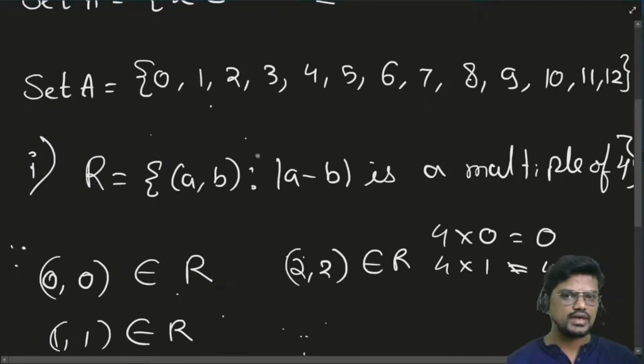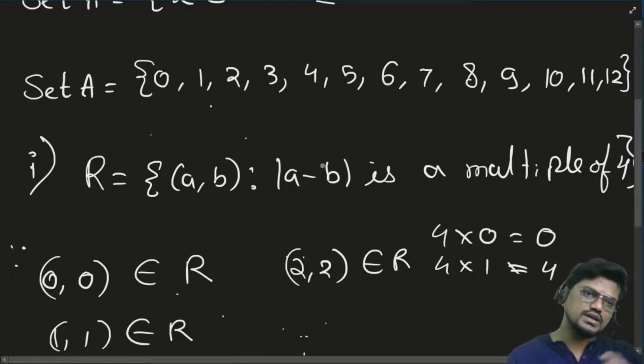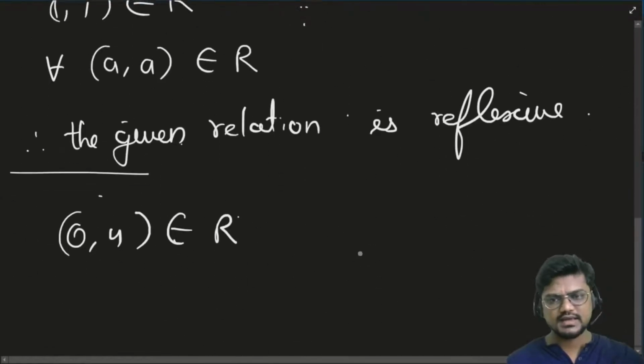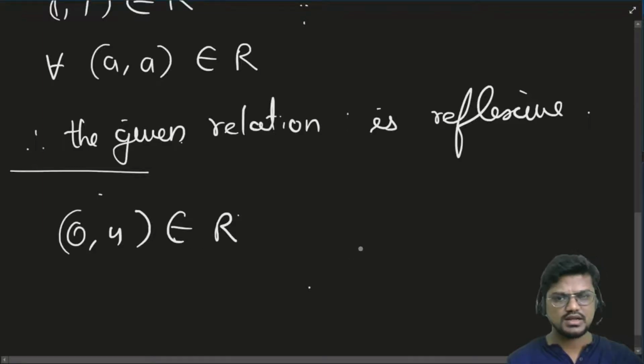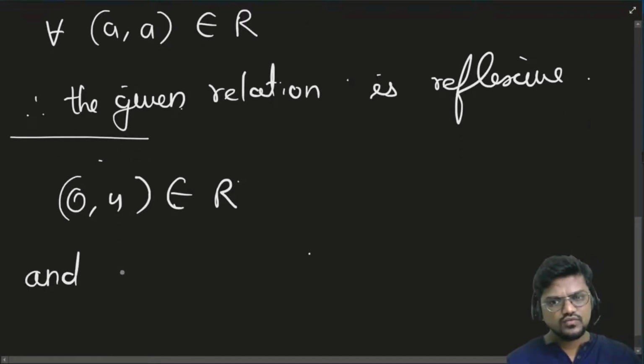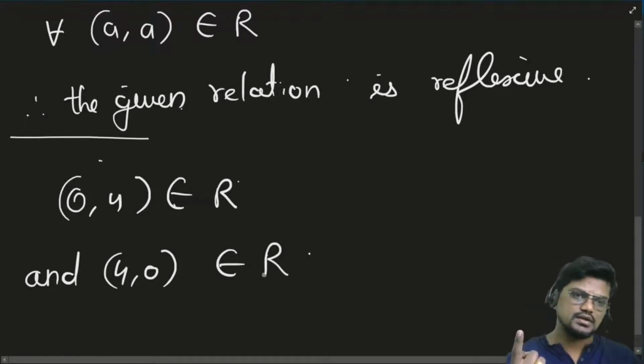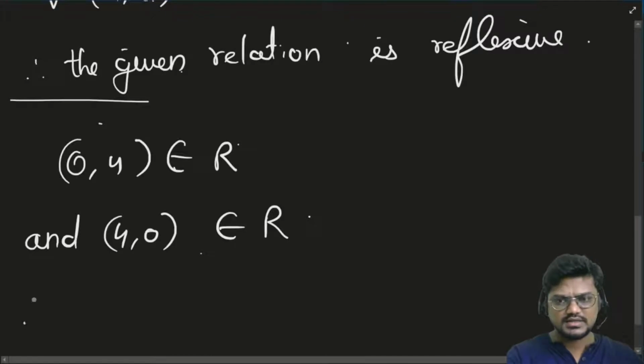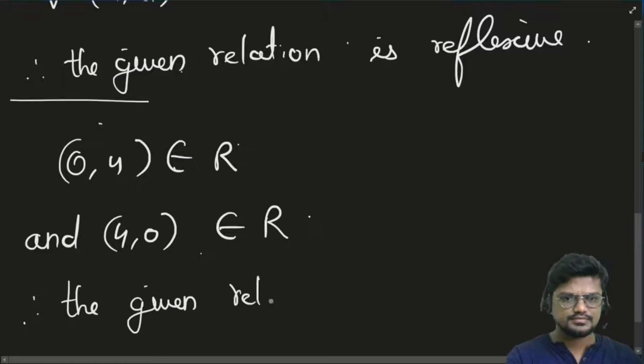If I write the value of a as 0 and the value of b as 4, 0 minus 4 is minus 4, and modulus of minus 4 is 4, and that 4 is a multiple of 4, right? I can say (0, 4) belongs to the relation, and (4, 0) also belongs to the relation. Now I have got one pair where (a, b) and (b, a) both belong to the relation. Therefore the given relation is symmetric.